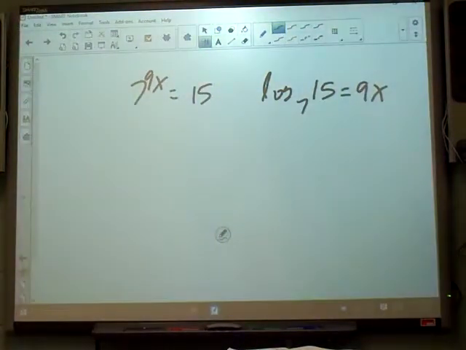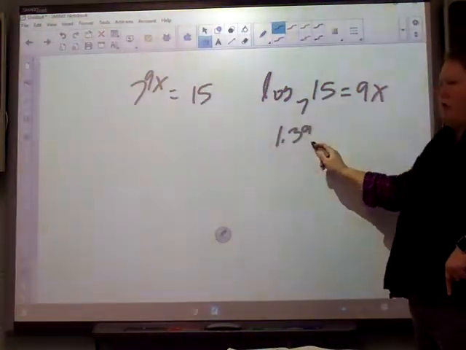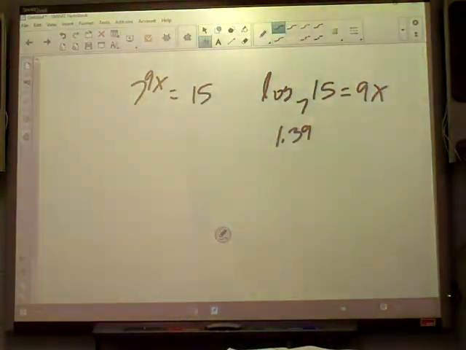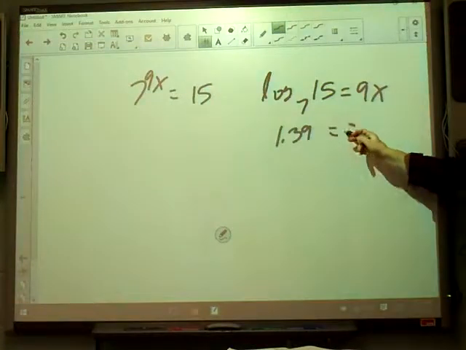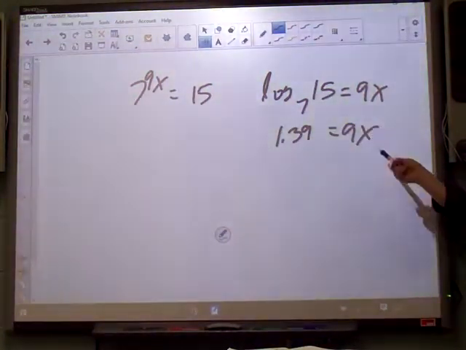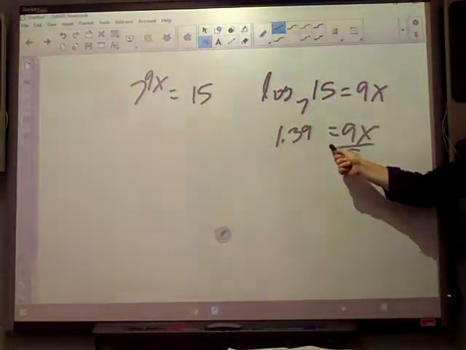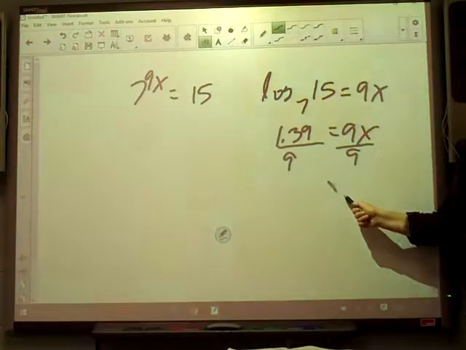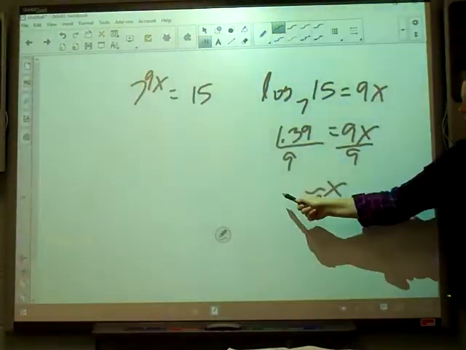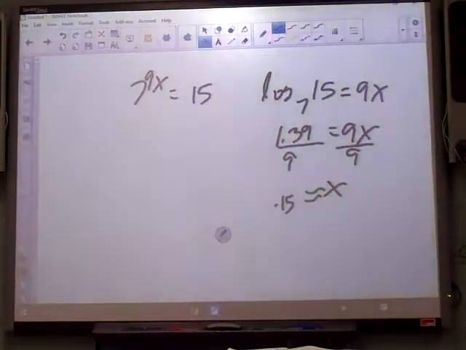Don't clear it off. Okay, so it's about 1.39, but don't clear that off. I don't want you to round it off on your calculator. That's equal to 9x, right? Trying to solve for x being multiplied by 9. So now with that big long answer on your calculator, just hit divided by 9. The reason I wanted you to keep it on your calculator is so you didn't have to round multiple times.